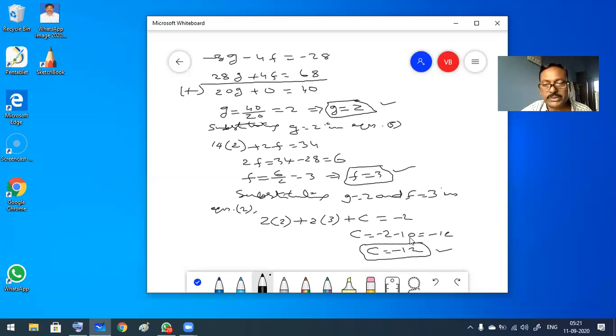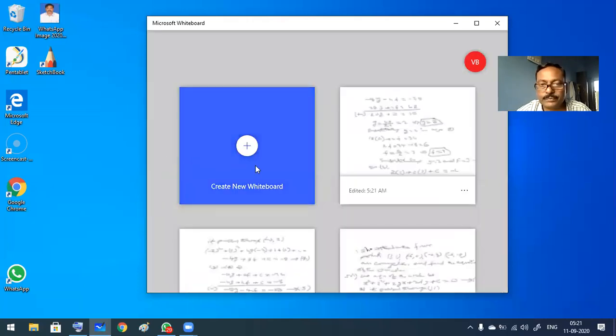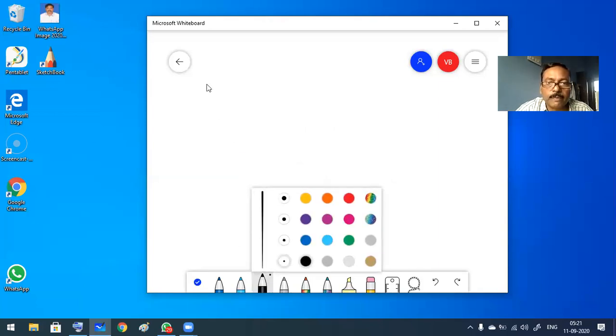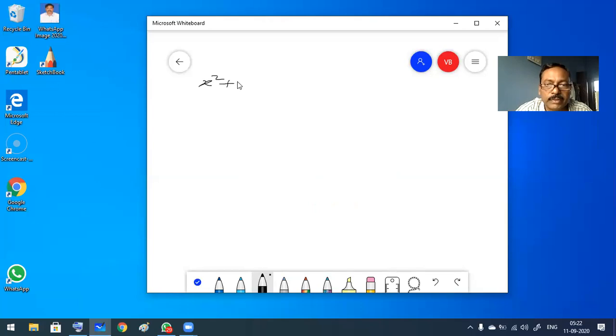So now we substitute all the three values in the general equation. Now we will get the equation of the circle. So what is the general equation here? x square plus y square plus 2gx plus 2fy plus c is equal to 0.